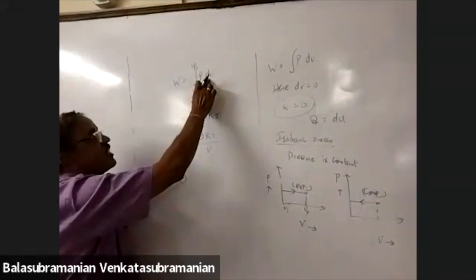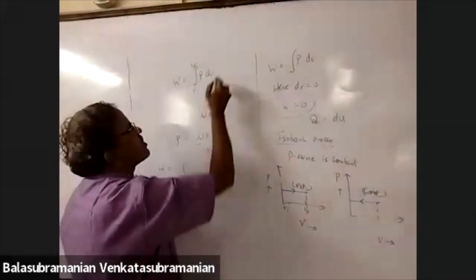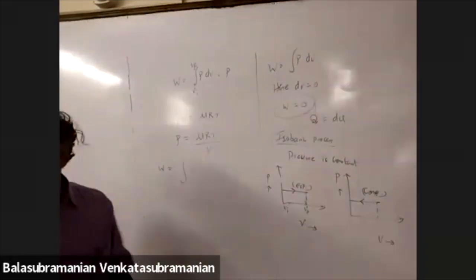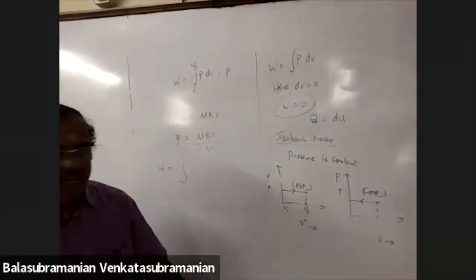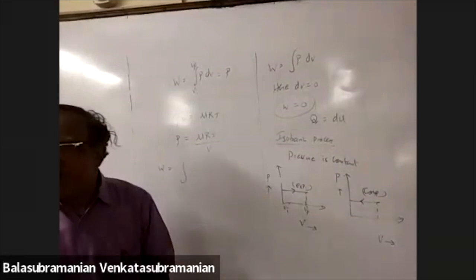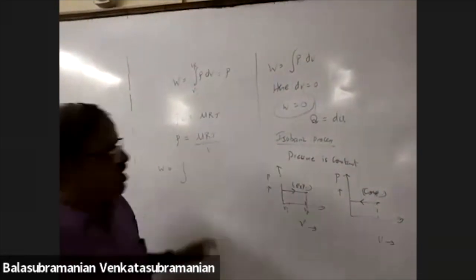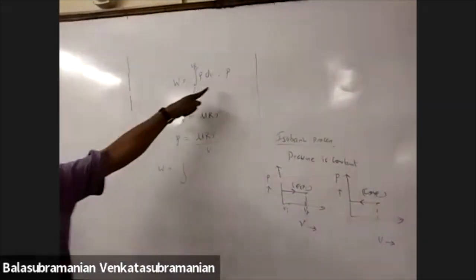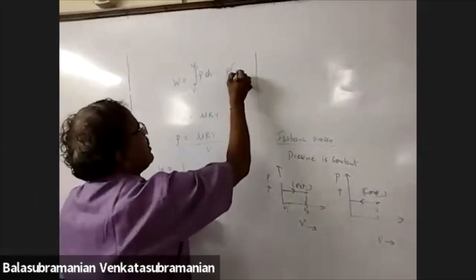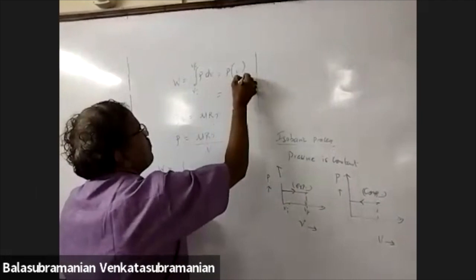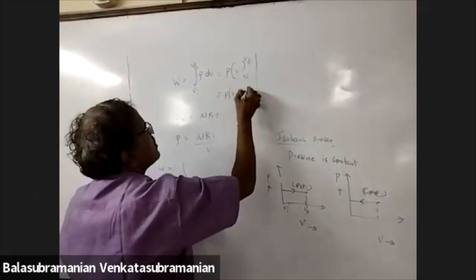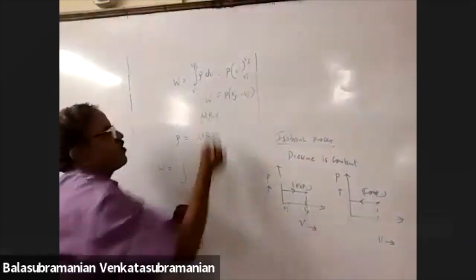This is change in volume, so I can take pressure outside because it is constant. Pressure is constant in isobaric process. Take pressure outside. Integral dV is V from Vi to Vf, Vf minus Vi. This is the formula of work done.